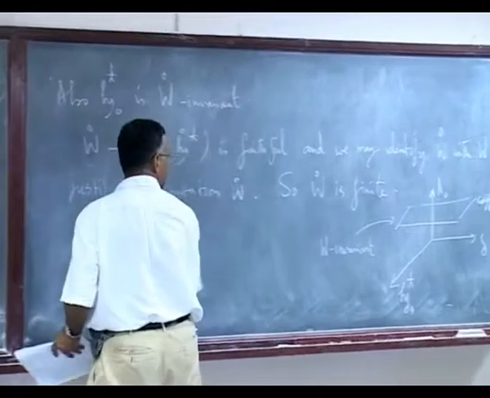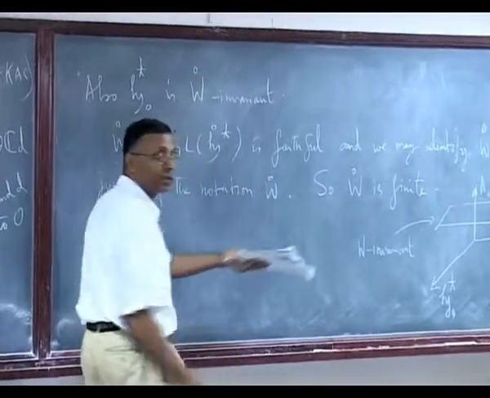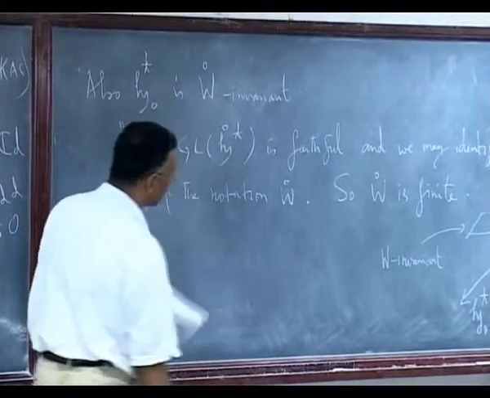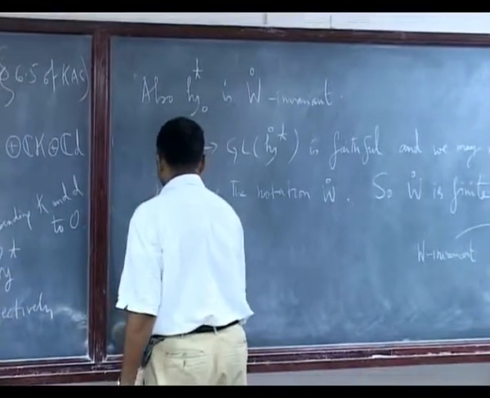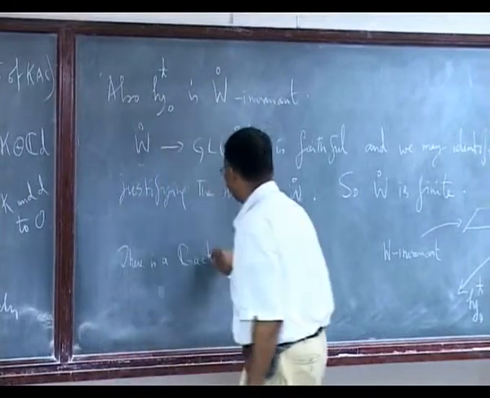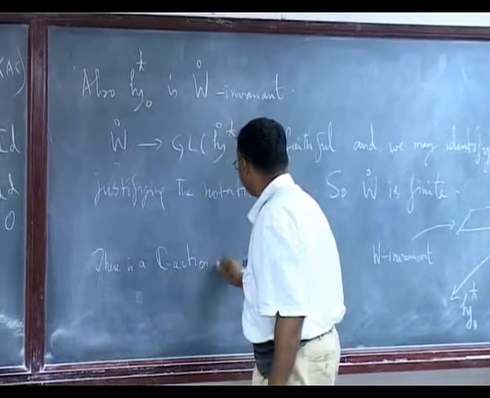Now I'm going to say one more thing, this is just my way of understanding it. Maybe you would prefer a slightly different way of expressing the same thing. So there is a C action. Let us take the group C, the additive group C, acting on this plane.